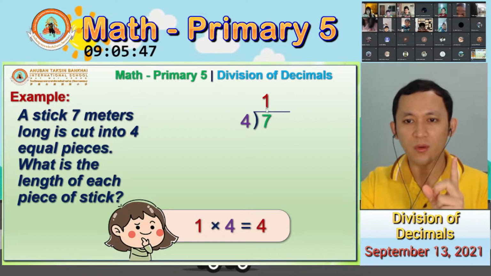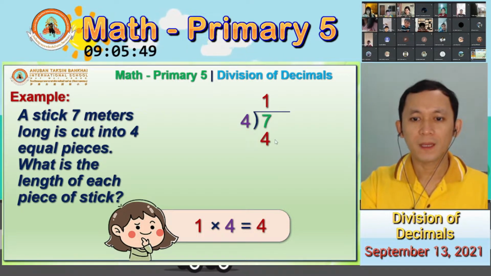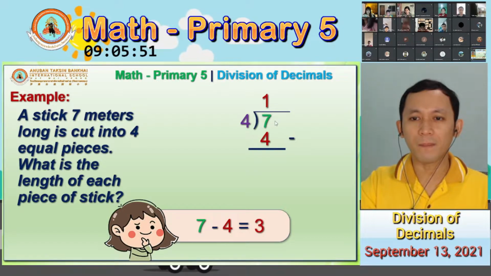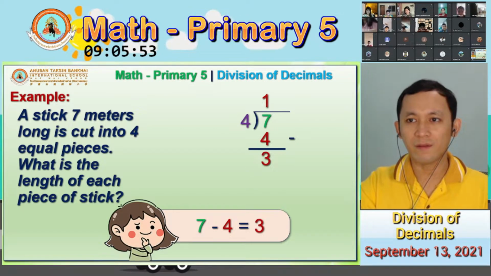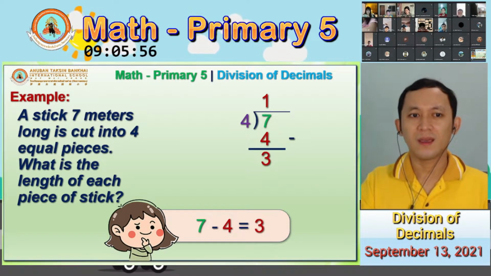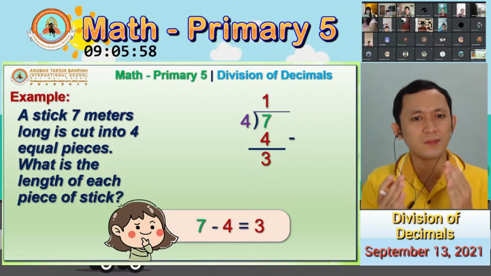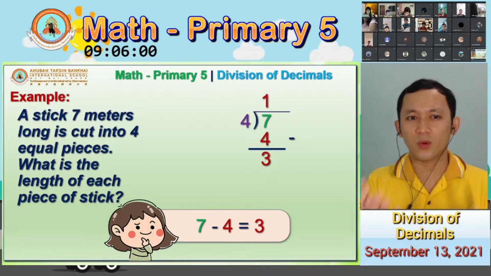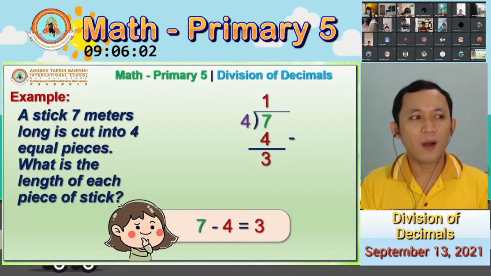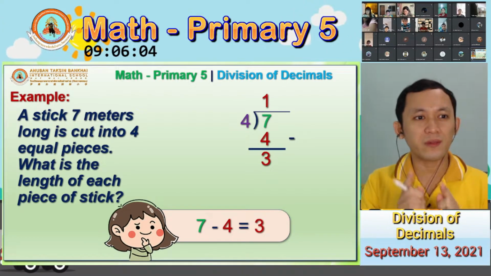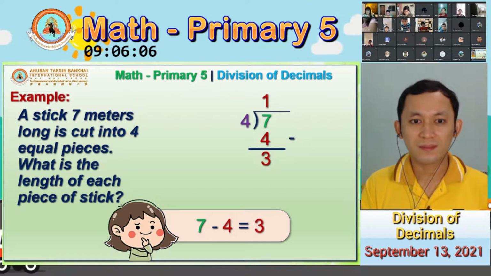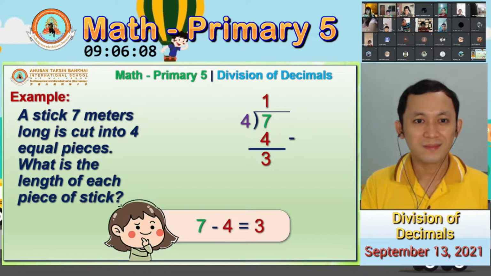1 times 4, we have 4. Now we minus, 7 minus 4, we have 3. Now, teacher, when we're not talking about decimals, our answer is 1 remainder 3. Yes or no?